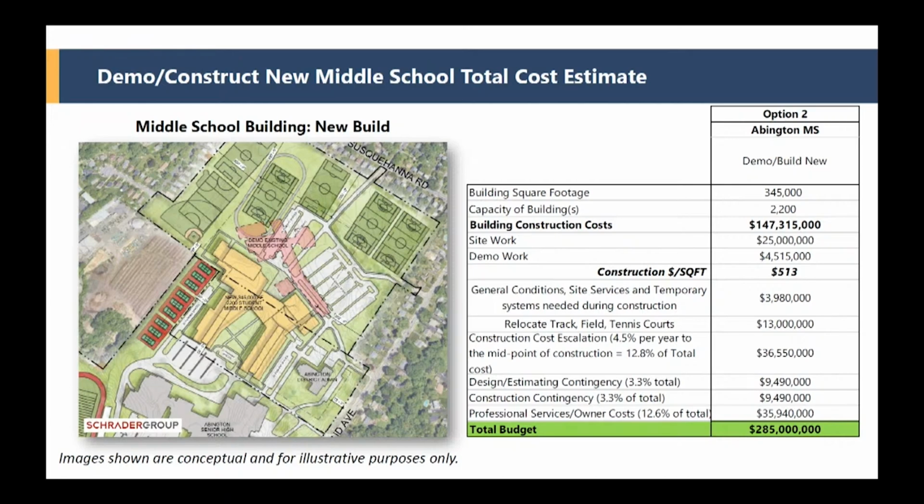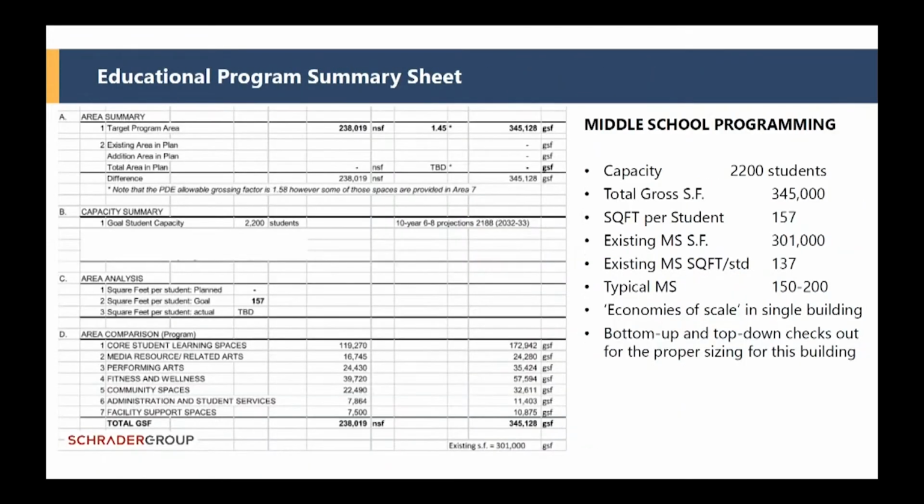Other questions? Ms. Wu? No? I have just a small question about the square footage per student that we currently have in the middle school versus what we will have, which is still on the low end for middle schools in the county.